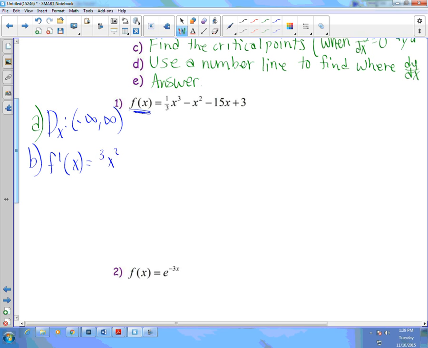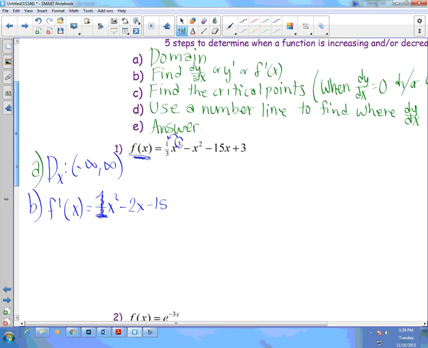Over 3, yeah, that just multiplies. Good. So this can simplify to just 1 x squared, right? So 3 over 3.